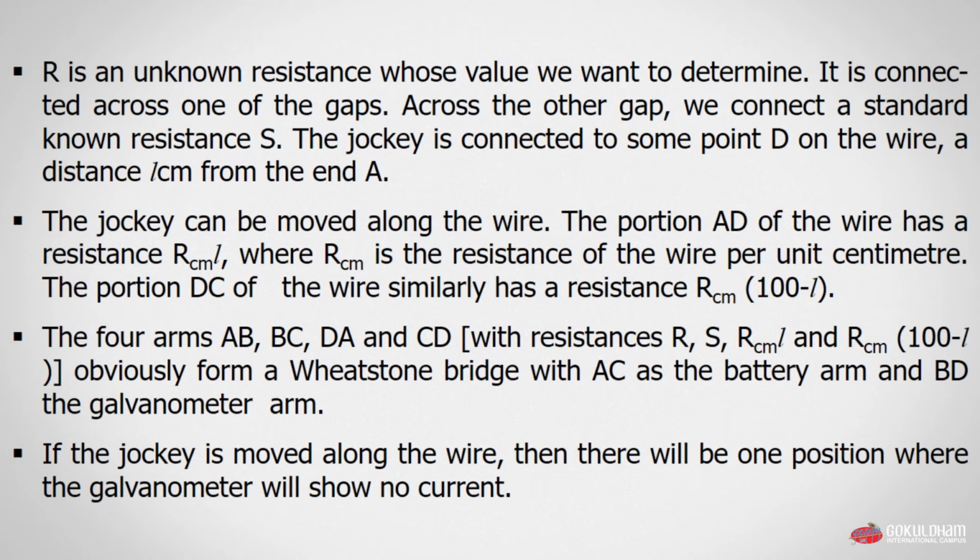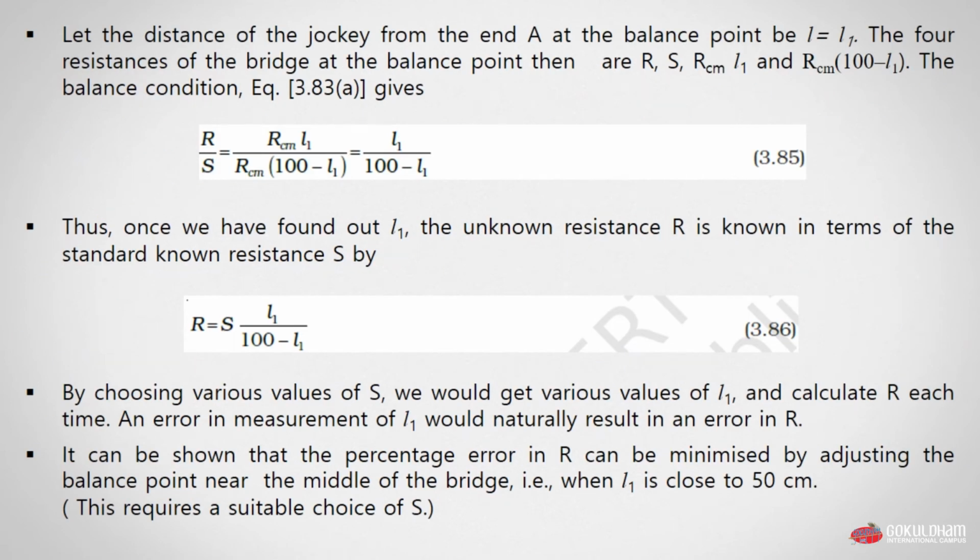If the jockey is moved along the wire, then there will be one position where the galvanometer will show no amount of current. Let the distance of the jockey from the end A at the balance point be l equal to l1. The four resistances of the bridge at the balance point then are R, S, r cm l1 and r cm (100 minus l1).